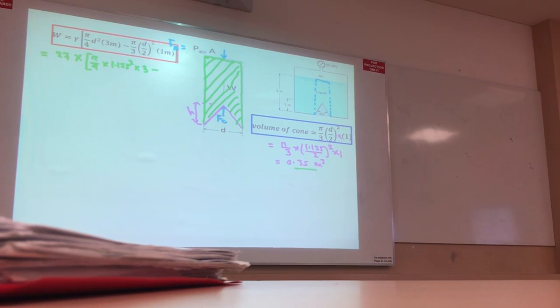This is the others, 0.35. Then I get here 27 times 2.793. So this is in kilonewtons.